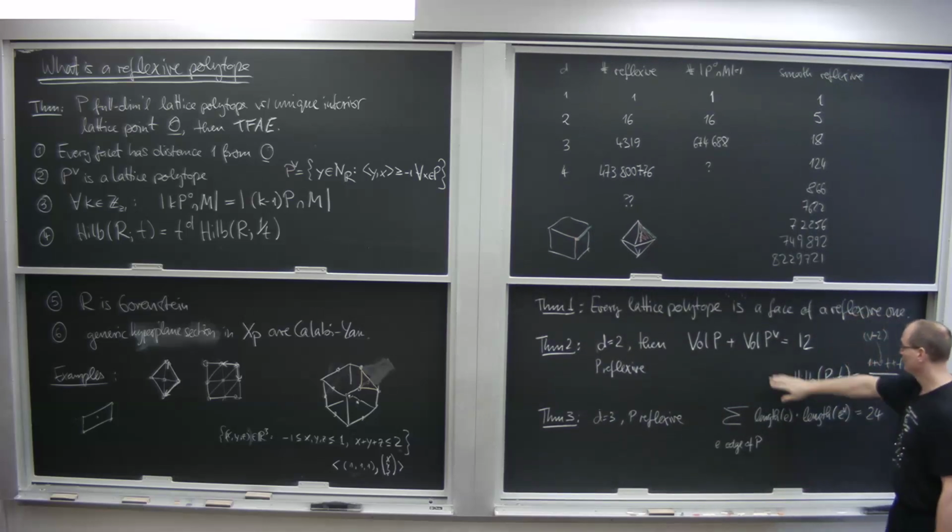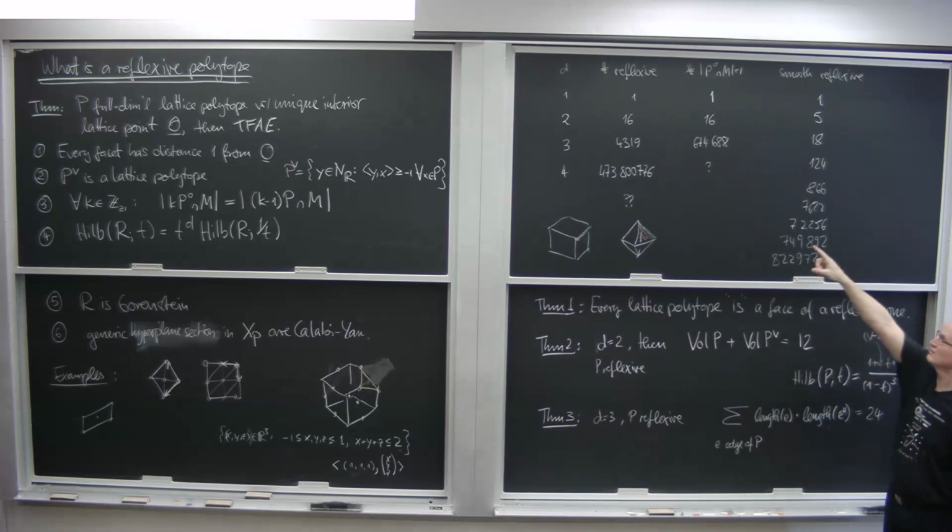Okay, so let me prove this for you. Well, these things, there's 16 of them, they're classified. Done. You can write down the 16 and show that it's true.